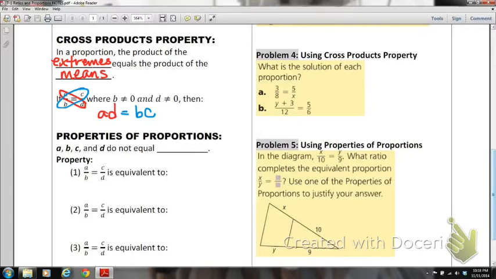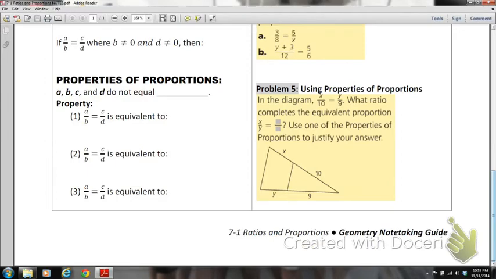There are three other properties of proportions below that we will look at here, and in all of these properties, note that none of these values, A, B, C, or D, equal 0 for these properties to hold true. In the first property, it gives a proportion A over B equals C over D is equivalent to B over A equals D over C. So what did we do in this property?